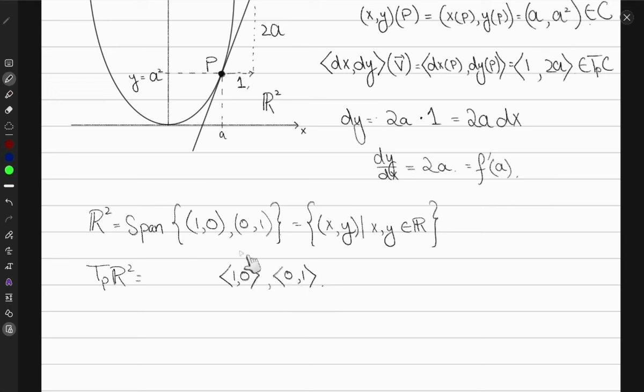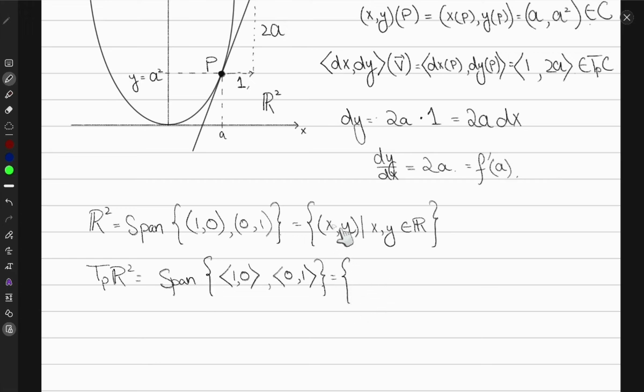Right? These are the bases. So we choose these bases so that this one scales the x-axis, dx axis, and this one scales the dy axis. Right? And then we'll span these all over. And what is that?